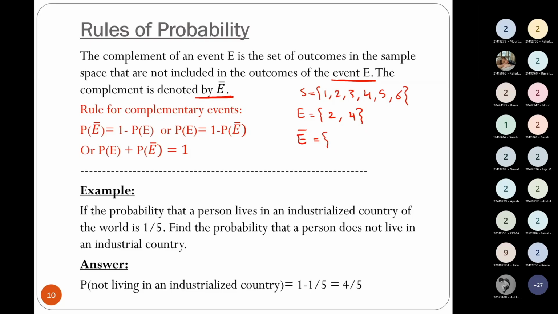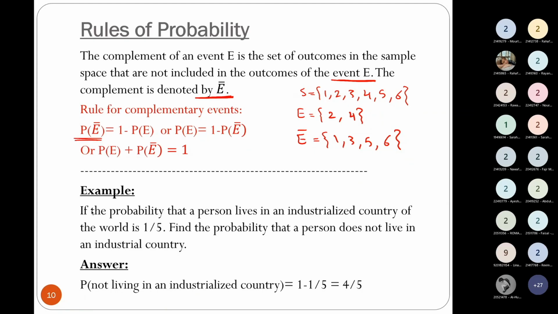All of the sample space, but remove the elements found in E. So we have 1, 3, 5, and 6. The intersection between E and its complement must be empty. Okay. So the E union E complement must be the sample space.